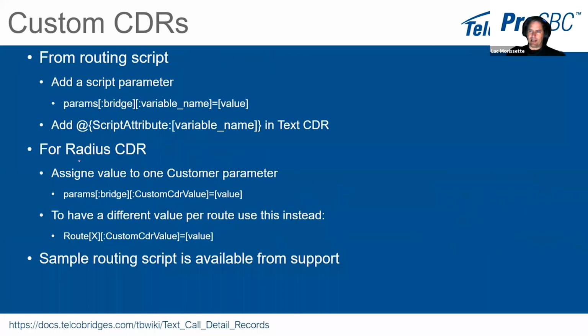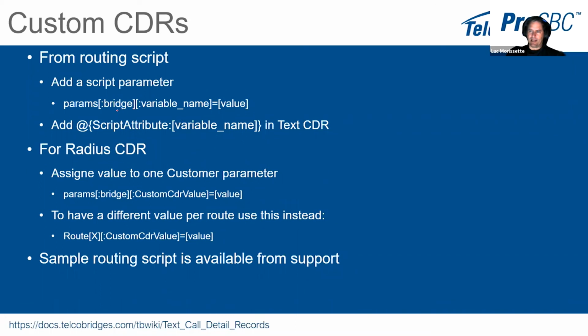However, you can also do it in the routing script to do other things, like, for example, a specific script attribute that you want to display in the text CDR. One example is something that is received from the incoming leg, and you want to push it into the CDR. The script attribute is the name that is being used in the script, and this will be pushed in the CDR.